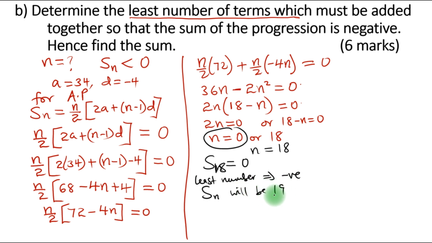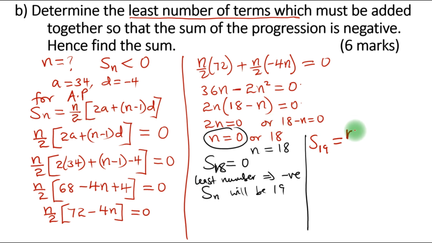So we need to add another term such that the sum will be negative rather than 0. Hence, find the sum. So for us to get the sum, now it will be the sum of 19 terms.